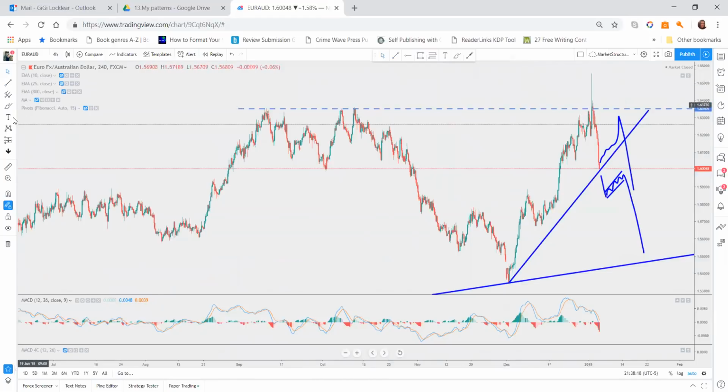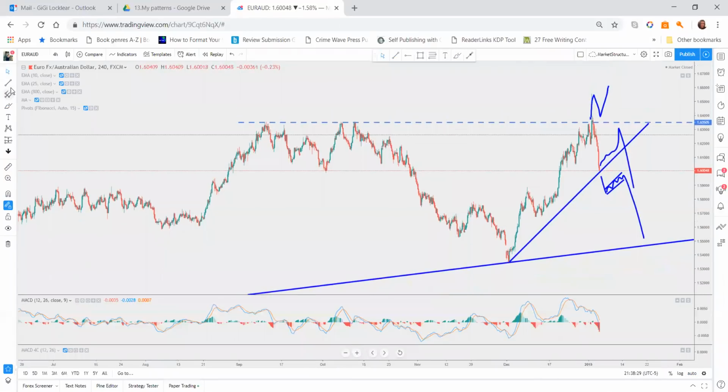Now, if this candle here had went up and closed, then we would have looked for it to go to the upside. Okay. Because we're always looking for impulse, correction, continuation. So if this right here had been impulse, correction, we would have got a continuation.